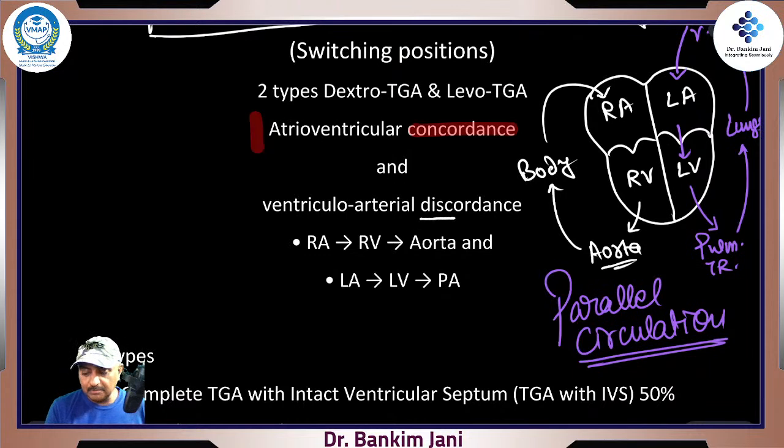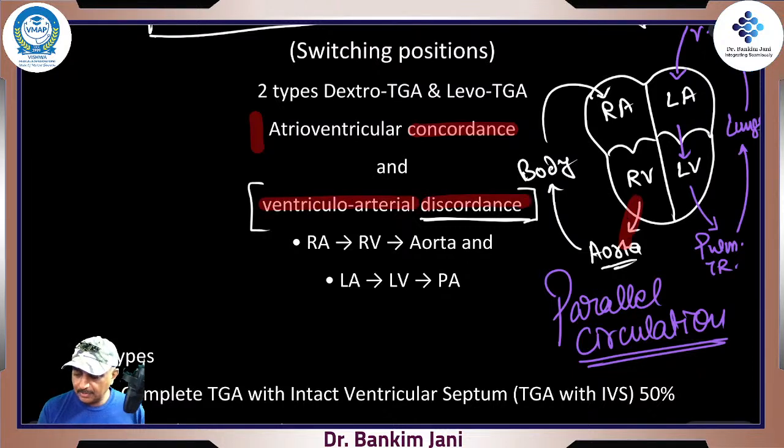Discordance means no, they are massively incorrect. So over here, this makes sense. There is ventriculo-arterial discordance. There is a problem between the ventricles and the arteries. That's the problem area.